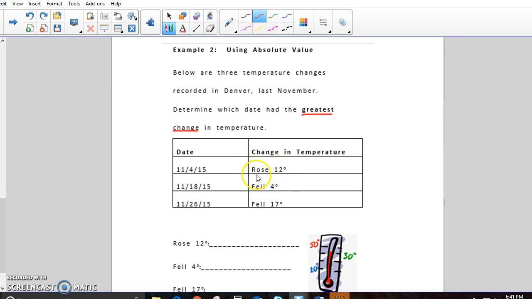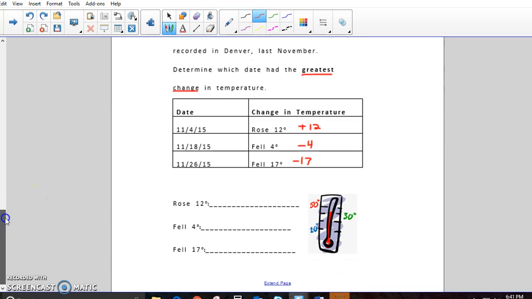So whether the temperature rose 12, which is a plus 12, or fell 4 degrees, or fell 17 degrees, we don't care whether it rose or fell. The sign isn't what matters to us. What we care about is the greatest change.